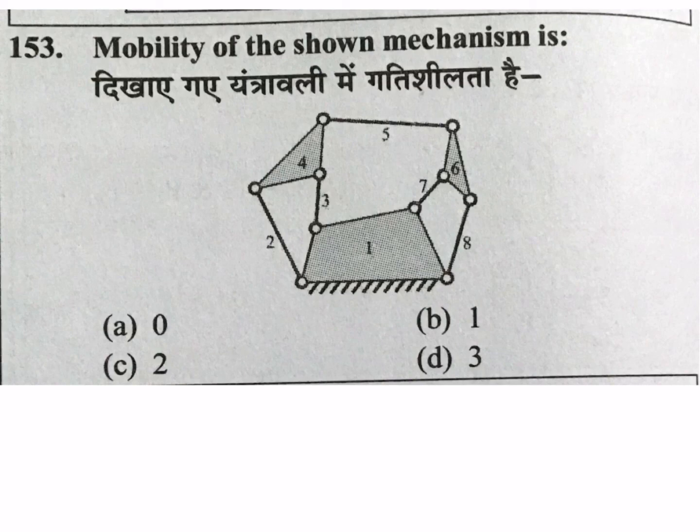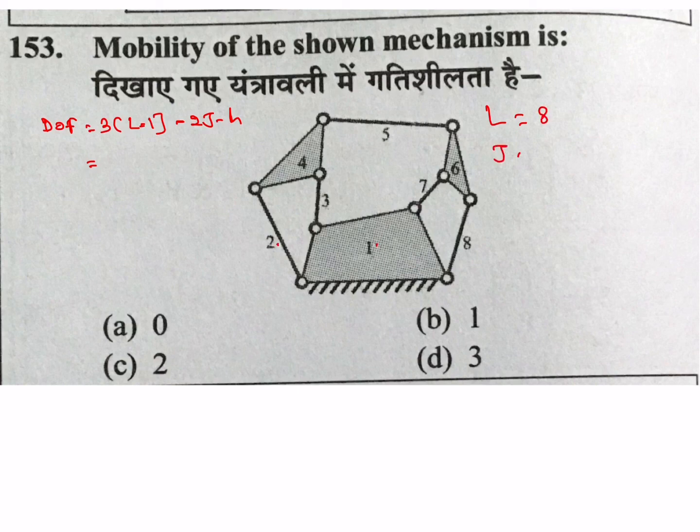Theory of machine question. Mobility of the shown mechanism is how much? The degree of freedom you have to calculate. 3 into L minus 1 minus 2J minus H, the Kutzbach equation. Then number of links L is how much? 1, 2, 3, 8 links.